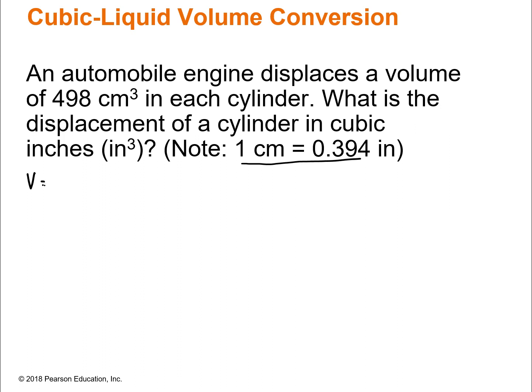We know that volume is equal to length times width times thickness. And the volume we're given in the problem is 498 cubic centimeters. The question: we have to take that 498 cubic centimeters and convert it to cubic inches.